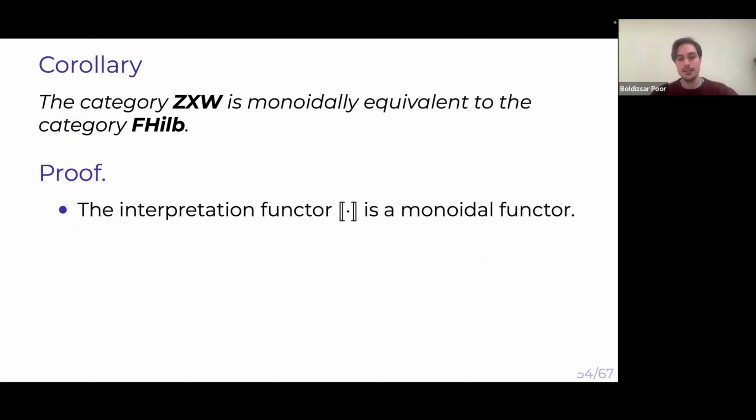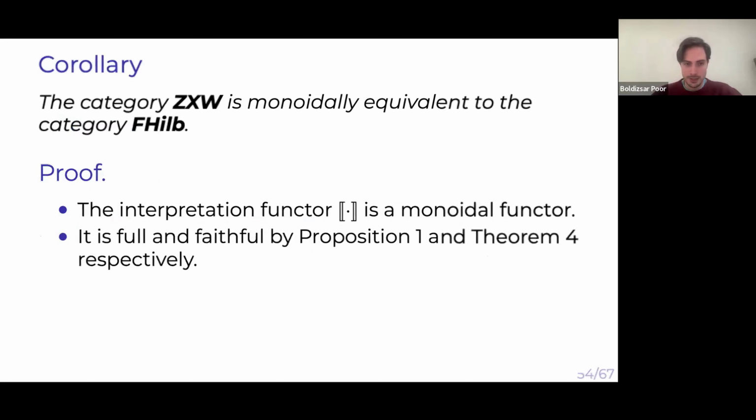So let's go through all of these points. So first of all, the interpretation functor is a monoidal functor. Then it is full. And this was something that we have by the normal form. And faithful, this was something we have because of the completeness.